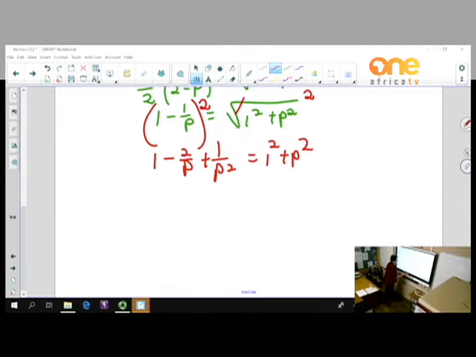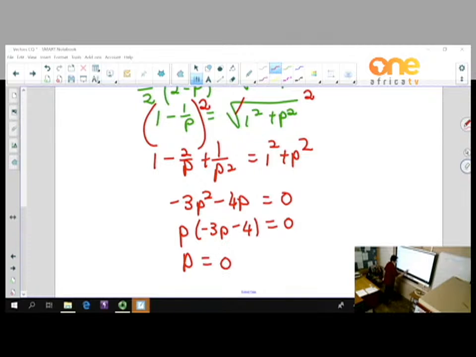If we bring them over now and sort them out, you have negative 3/4 P squared minus P, which is equal to 0. I'll factorize here, and you get P is equal to 0, or P is equal to negative 4/3.